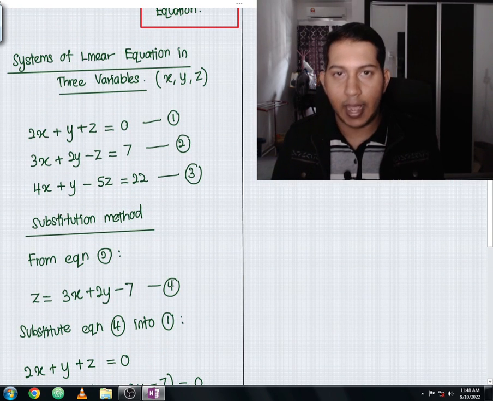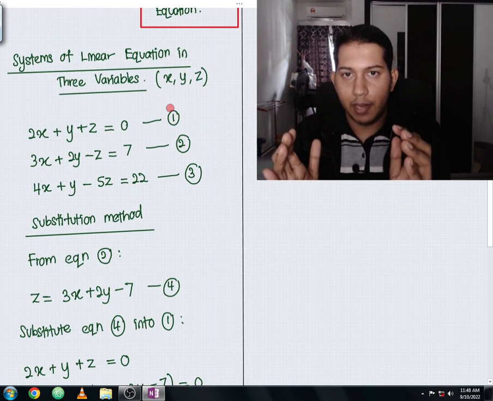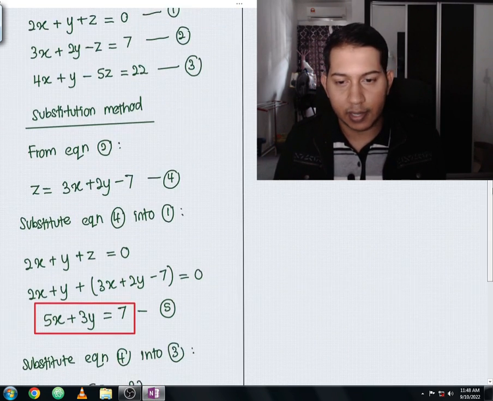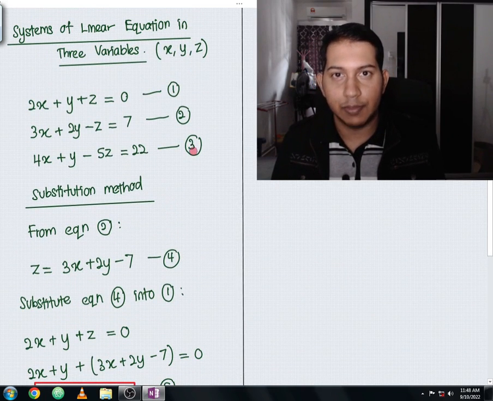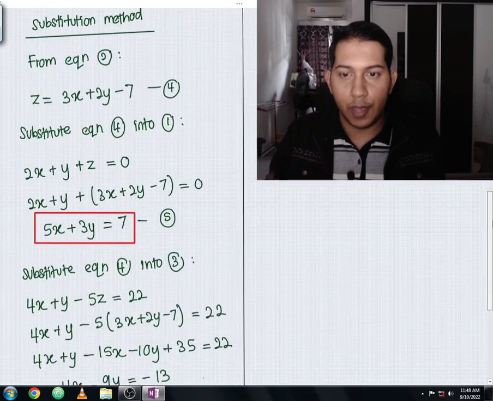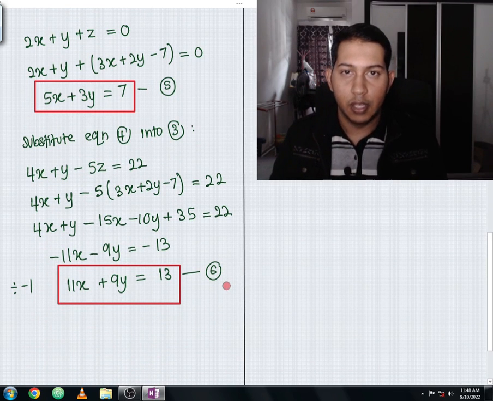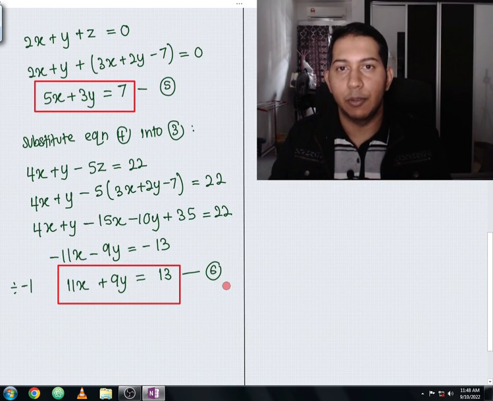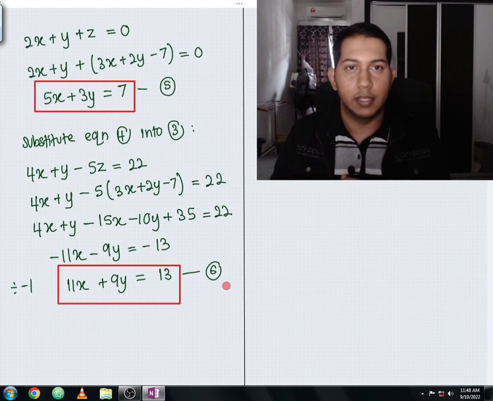This equation 4, at first we substitute into equation number 1 and we get a 2 variable equation, which we set as equation number 5. Then using this equation number 4, we substitute into equation number 3, and we have come up with the second 2 variable equation, which is equation number 6. So basically this is your step number 1, reducing from 3 variables to 2 variables.